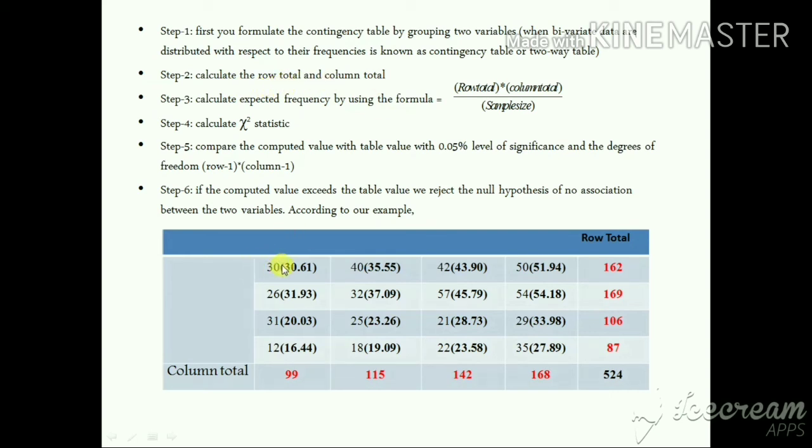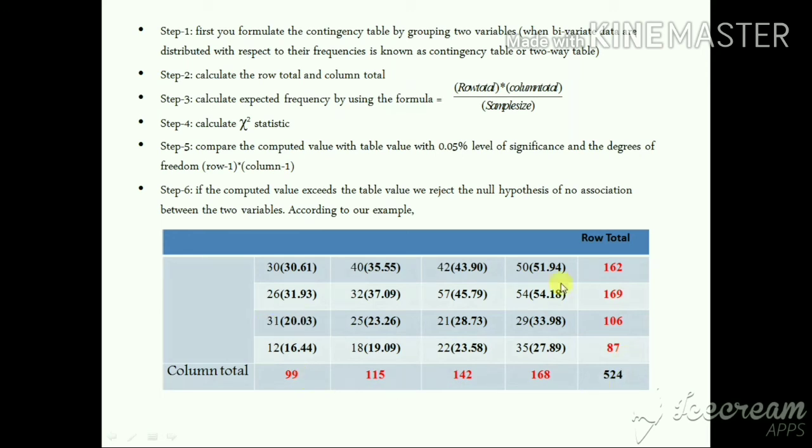The terms outside the brackets are the actual observations, and we have to calculate the expected frequency on the basis of this formula: row total times column total divided by sample size. We can calculate this first cell, and similarly the first column, second row cell: 99 into 169 divided by 524.